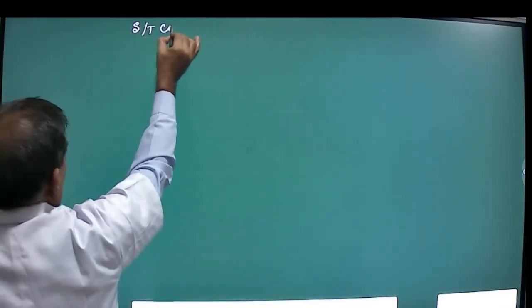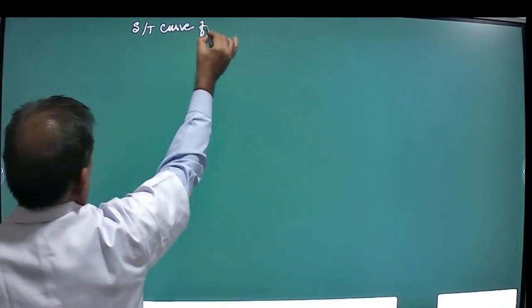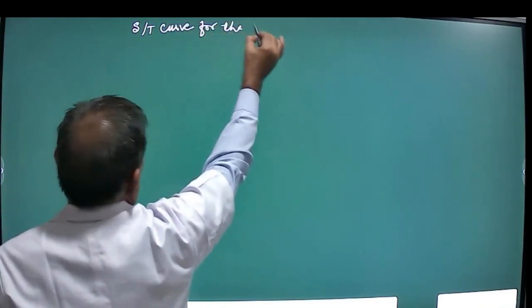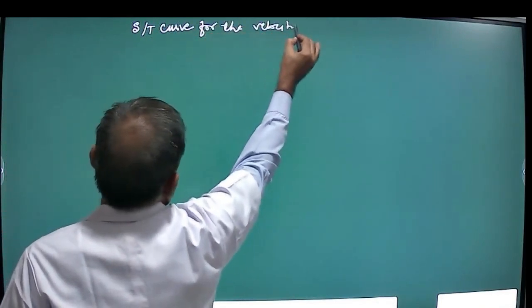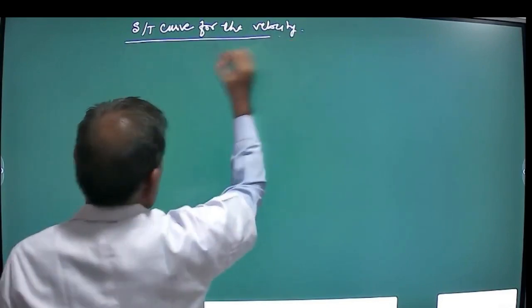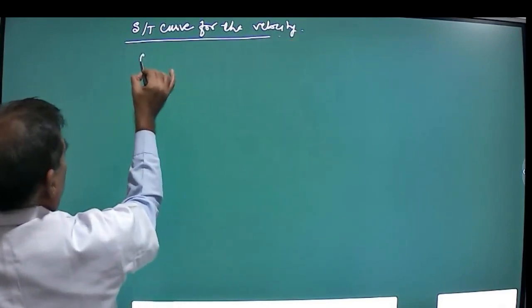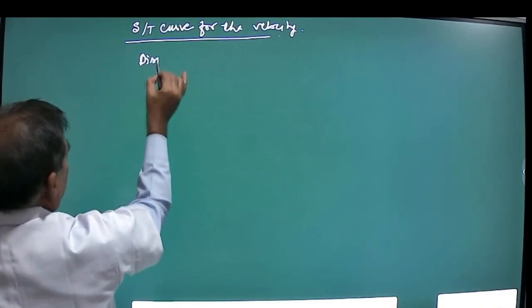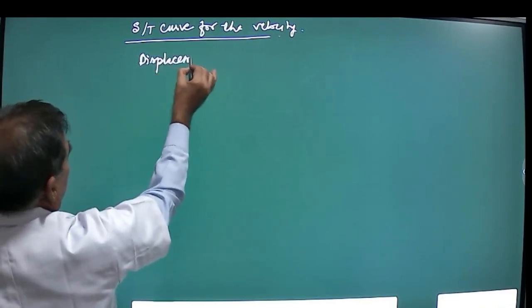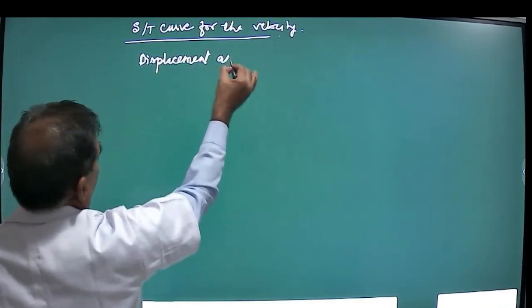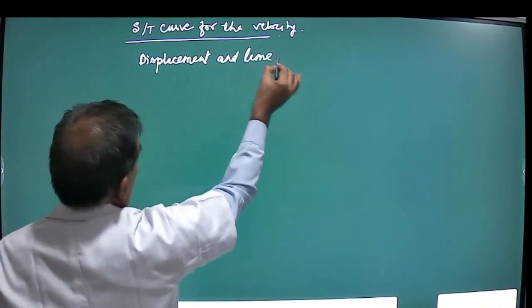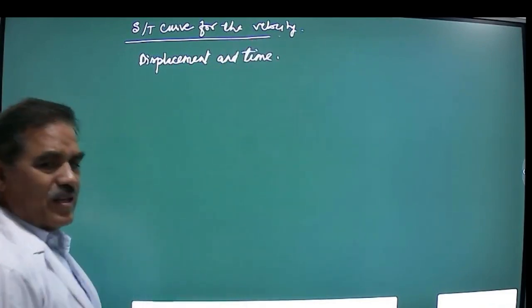Now, the ST curve for the velocity. ST curve means the curve between displacement and time.